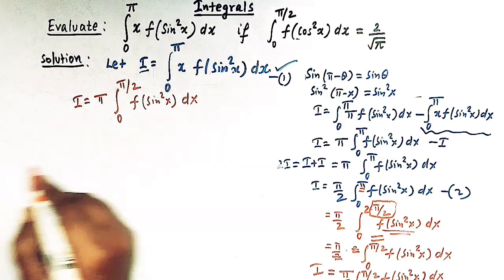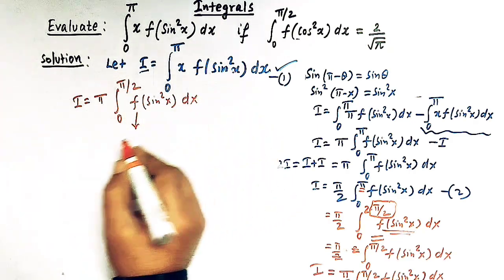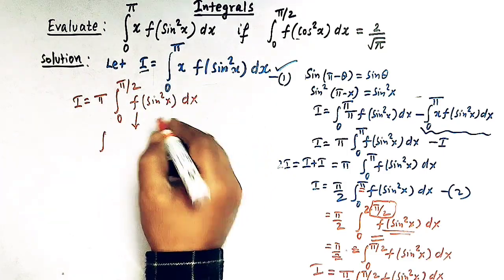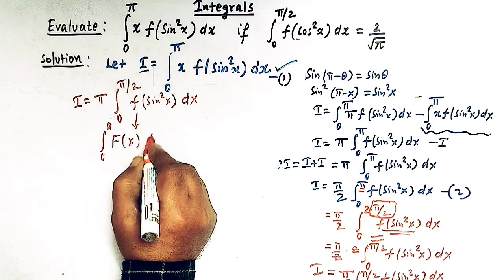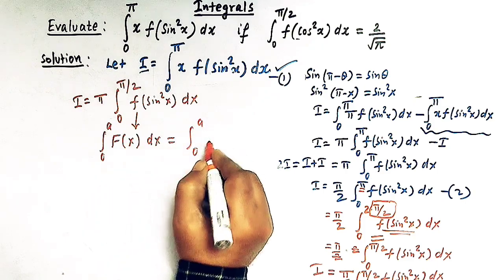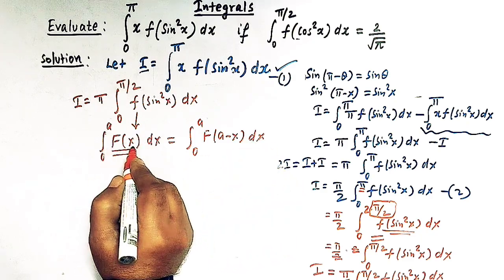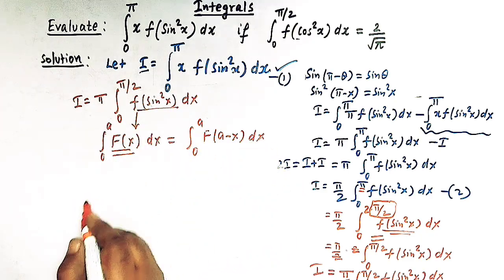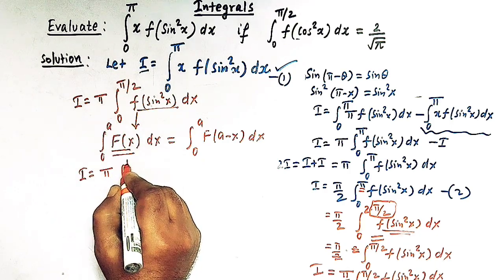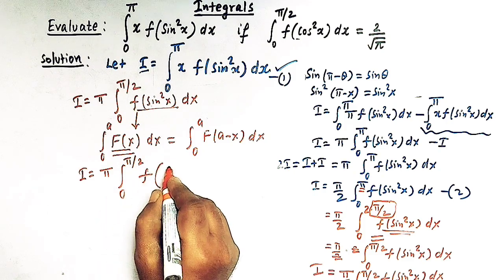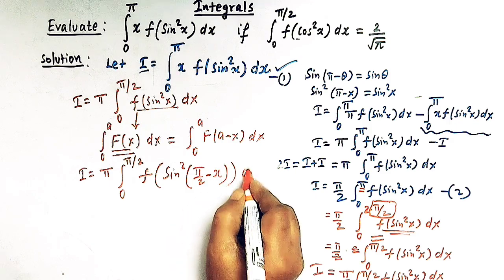Now let us again apply the property of definite integrals, which we have applied initially, that is 0 to a, and if we have the function say f of x dx, then this is 0 to a f of a minus x dx. So here this capital F of x is equal to f of sine square x. So we have I, and here we have pi and 0 to pi by 2, and we have f of sine square pi by 2 minus x and dx.